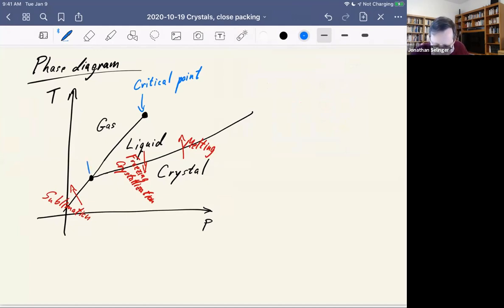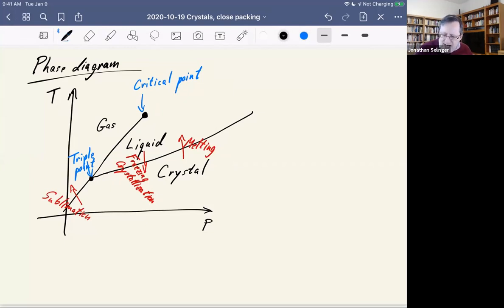And this point here, where the phases come together, is called the triple point, triple because it's the meeting of all three phases. These are two completely different kinds of points that don't have anything to do with each other, so you don't want to get them mixed up.